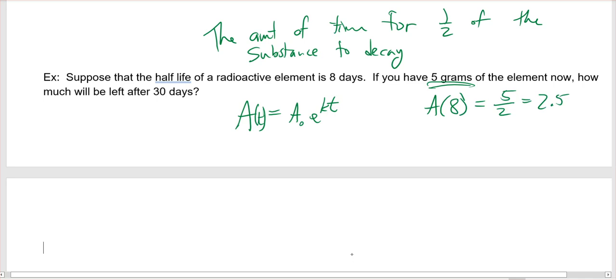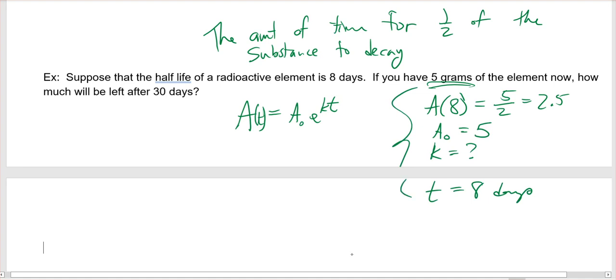So A, the amount we start with, is 5, the rate, which is k, we don't know, that's what we're trying to find, and t is 8 days. So we can plug all this into our nice little formula here. We've got A of 8 is 5 halves. That's going to have to be what we started with times e to the kt power, so that's going to be 8 times k, whatever that is.